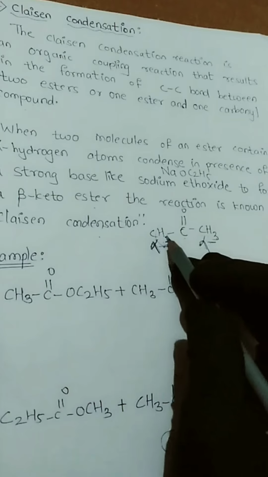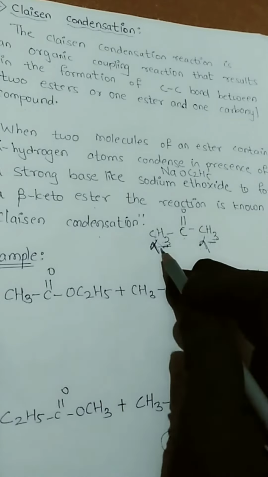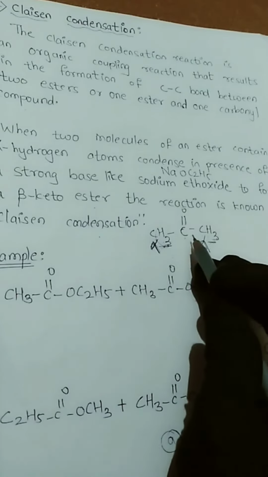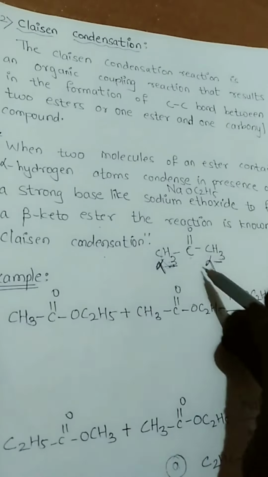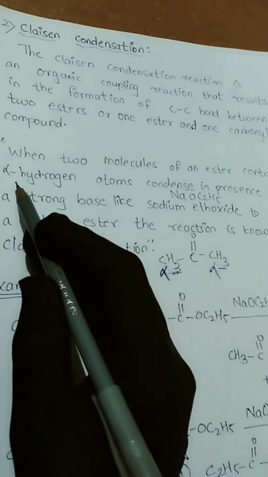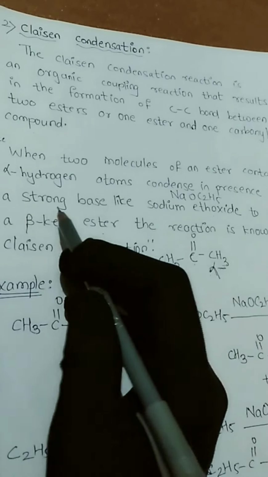Here you can see that there are 6 alpha hydrogens. Here is 3 and here is 3. So there is a total of 6 alpha hydrogens in acetone. Alpha hydrogen atoms condense in the presence of a strong base.